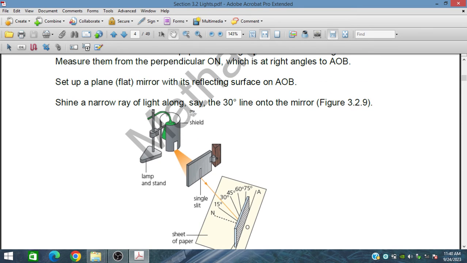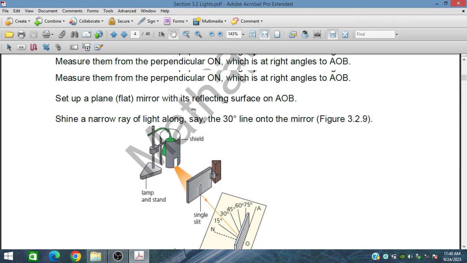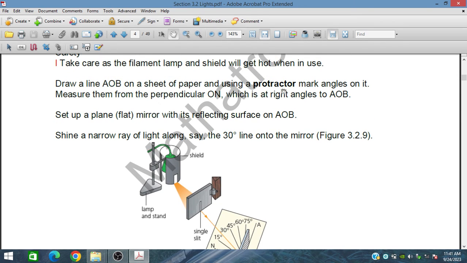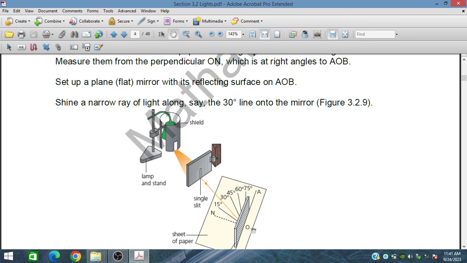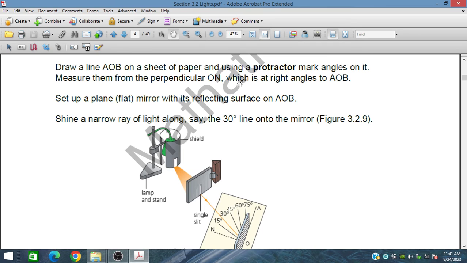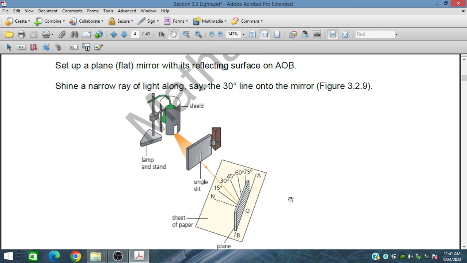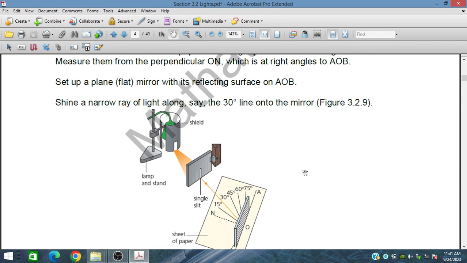So measure from this using a protractor, marking angles on it, measuring them from the perpendicular ON. This is perpendicular, at a right angle to the surface AOB. This is the surface AOB, and ON is at a right angle to AOB. Set up a plane mirror with its reflecting surface on AOB.